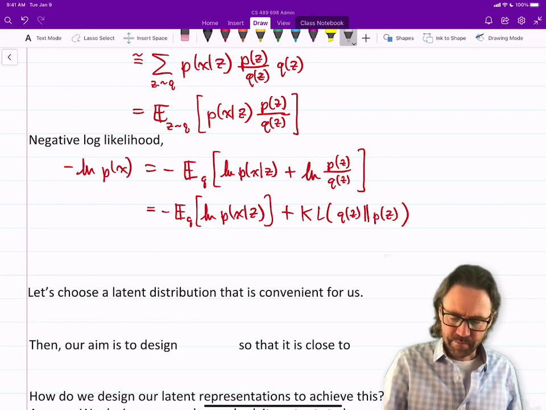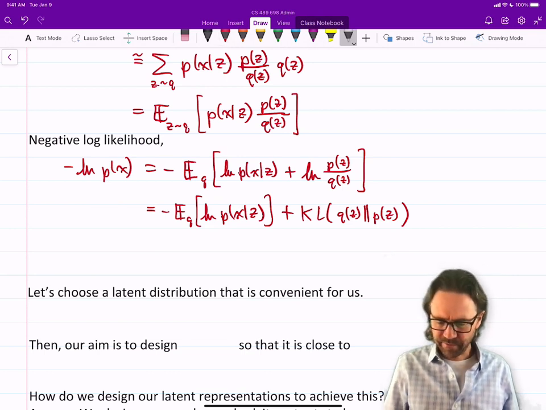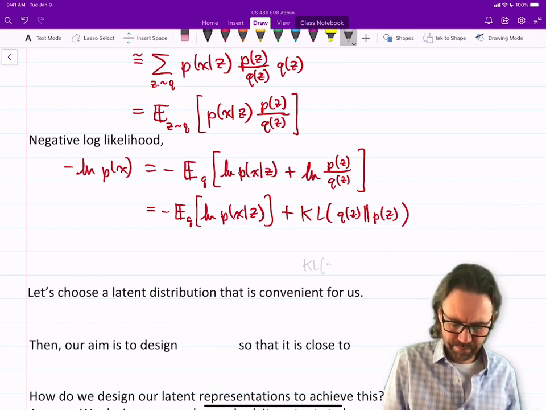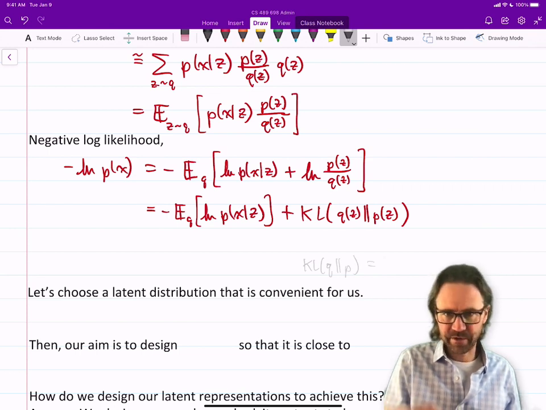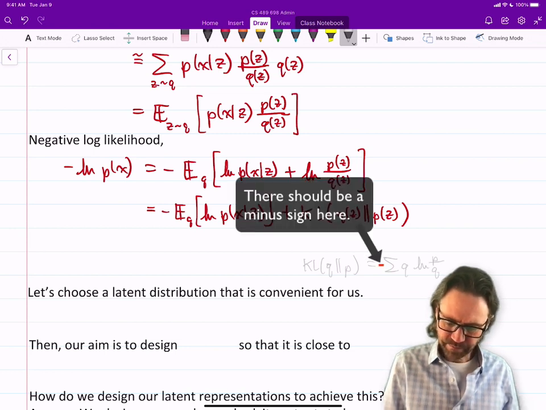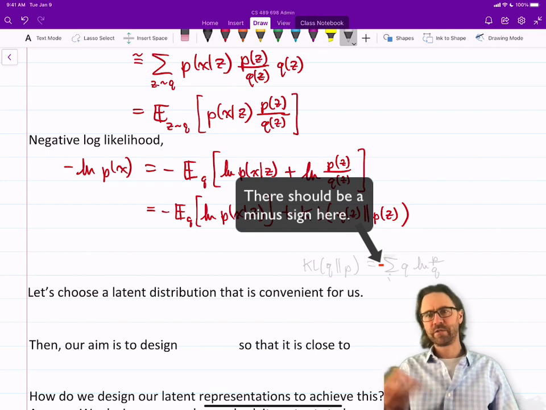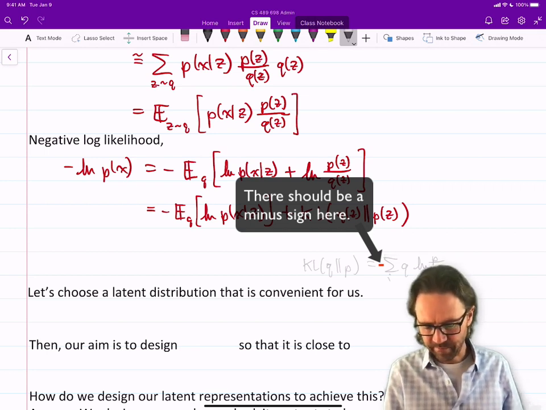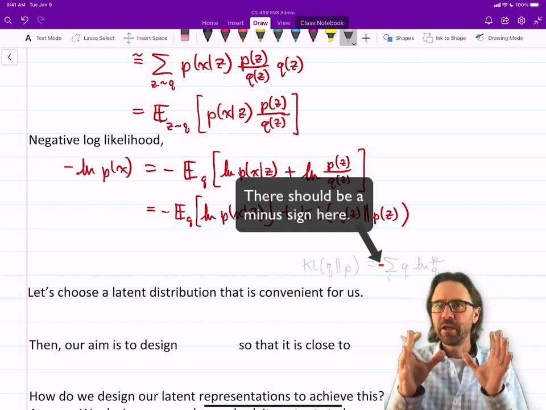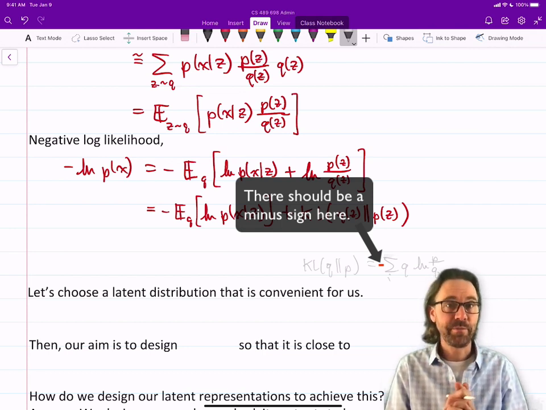So maybe you've not heard of KL divergence before, but I'll just quickly write it here. KL divergence between Q and P is pretty much just the definition above there. It's a sum of Q times the log of P over Q over some random variables. P and Q basically measures the difference between distributions.